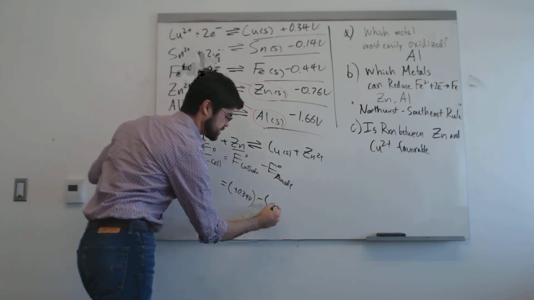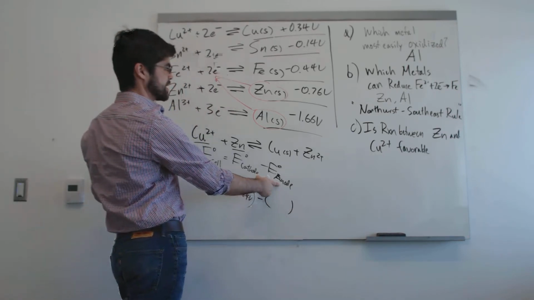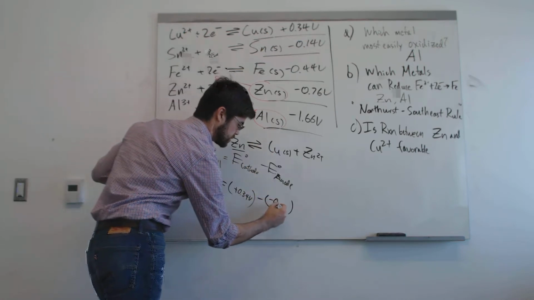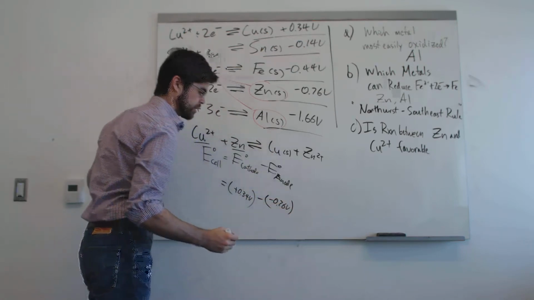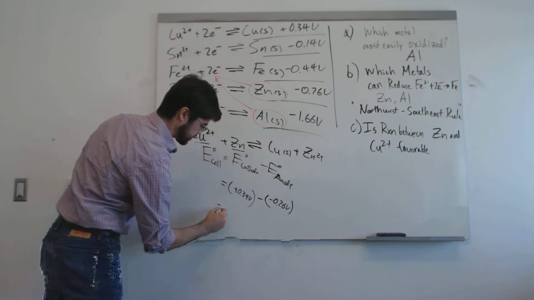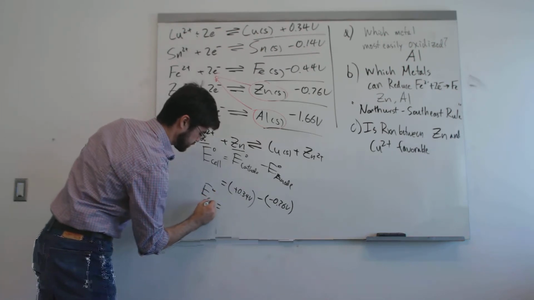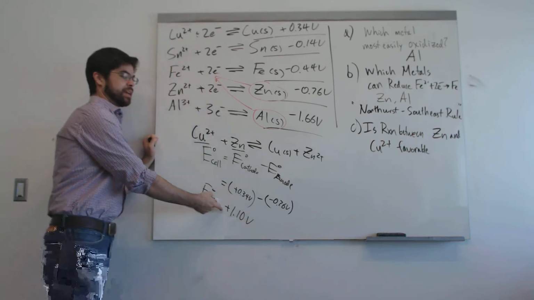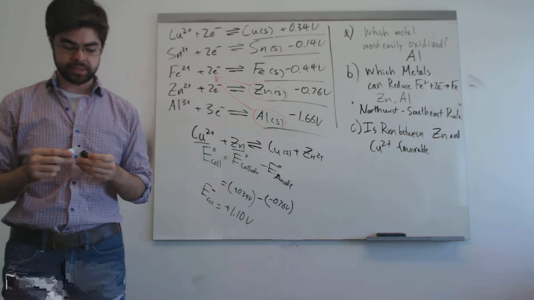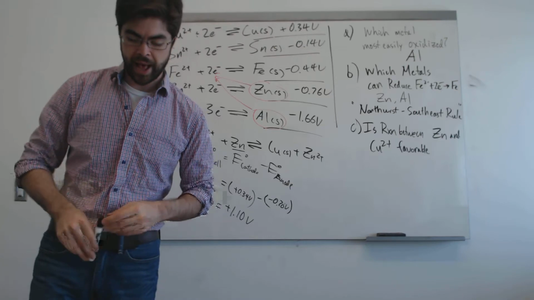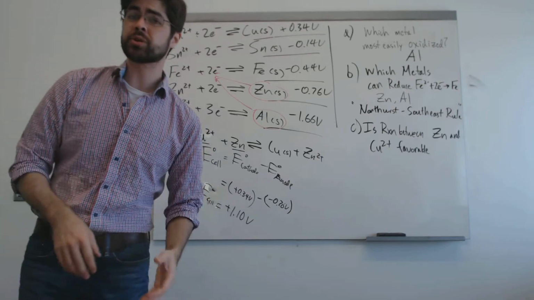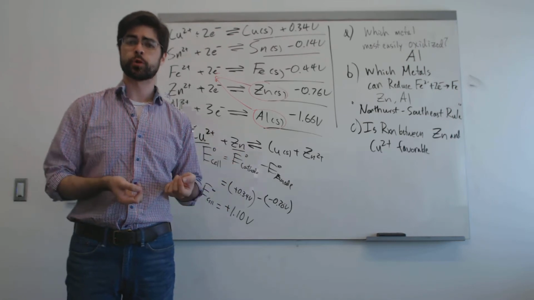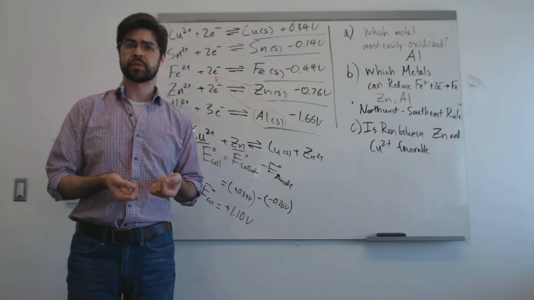And then the standard reduction potential for zinc at the anode is going to be minus 0.76 volts. So I predict here that the cell potential would be plus 1.10 volts. It's positive, so we predict that that is a spontaneous reaction as written. Okay, so those are just a few straightforward examples of how to utilize and how to interpret standard reduction potentials.